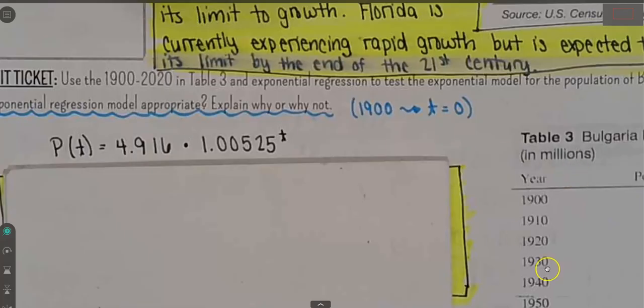Preferably something that uses information you're able to glean from the data to explain whether or not you said yes or no. So in this case, give me yes or no. I'll give you 1 point if it's the correct yes or no, and then I'll give you another point for a good explanation. And then I'll give you a sample explanation that would be a solid one to put on an exam.